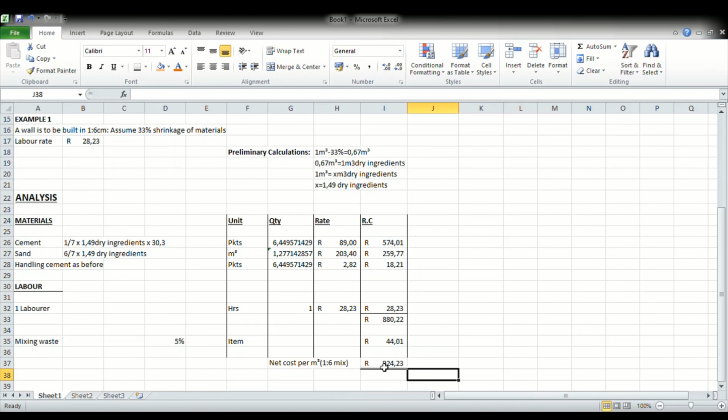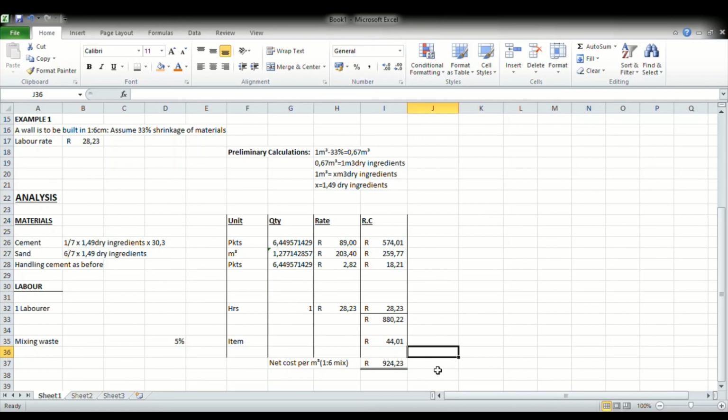Now in the following example, we are going to build up a rate for a half brick wall, and I'm going to continue from this exercise. In order for you to be on the same path as me, you need to watch the video on calculating the number of bricks per square meter, and also determining the net rate for mortar.